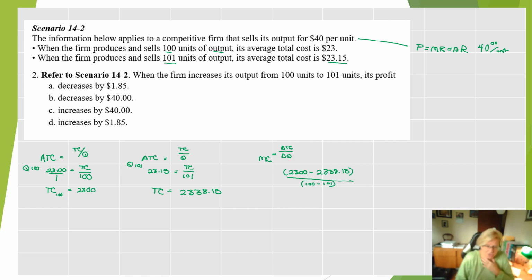Okay, so we have negative 38.15 over negative 1. And if we multiply both the numerator and the denominator by negative 1, that becomes 38.15 over 1. And that gives us 38.15.